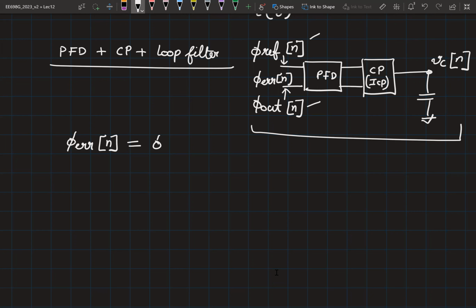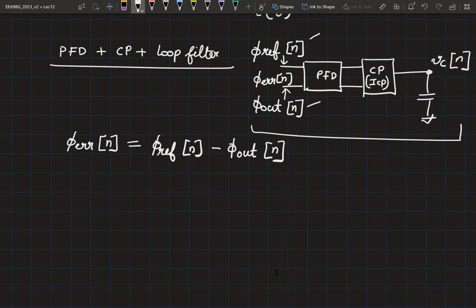So this will be, correct me if I make a mistake here, phi ref of n plus phi out of n. It has to be minus. Yeah, we are finding the difference, right? So in time domain, we wrote it as phi ref of t minus phi out of t. So it's phi ref of n minus phi out of n.